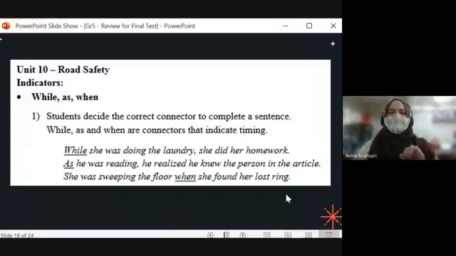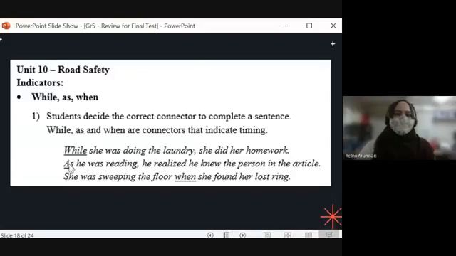Now, Unit 10. Unit 10 is about while, as, when, and also modals, right? Okay, 5C. Where do you put while and as? The front. Yeah, because our pattern in grade 5 will always be like this.